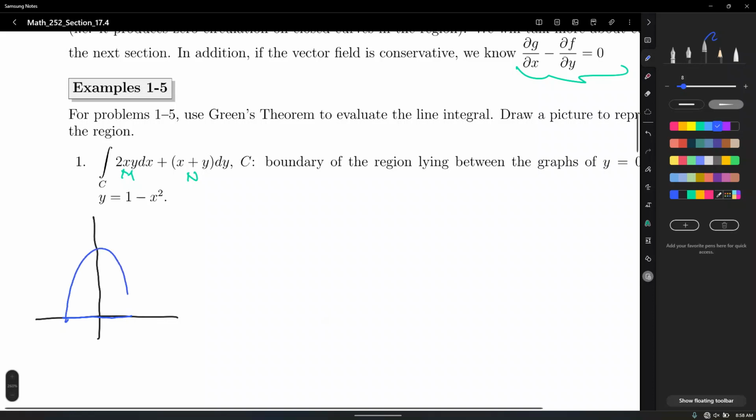This is the parabola, opening down. That's negative 1, 1. Not that we care about this. And let's shade our region of integration. Okay, so this is our region that we will label R.